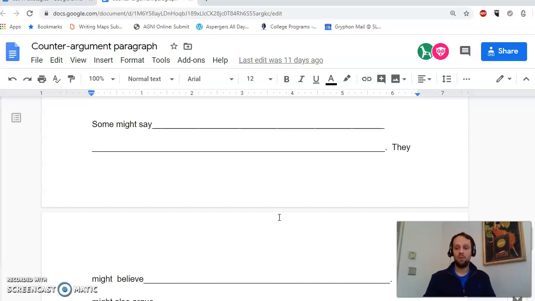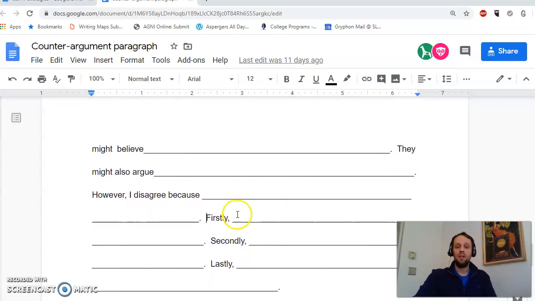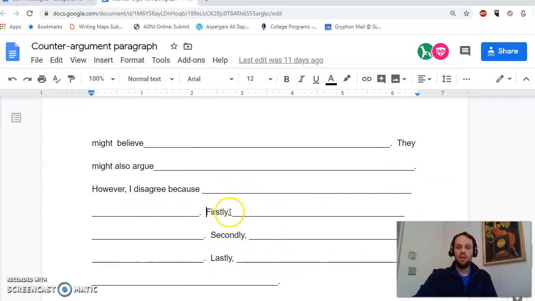The opposite point of view is truly going to be what some people over there might believe. And so what some people over there might believe is what your summary is going to be. And then when you get down here, when you get to why you disagree, one of these, firstly, secondly, or lastly, one of these can be a quote from the article because the author is in your corner. They believe what you believe.